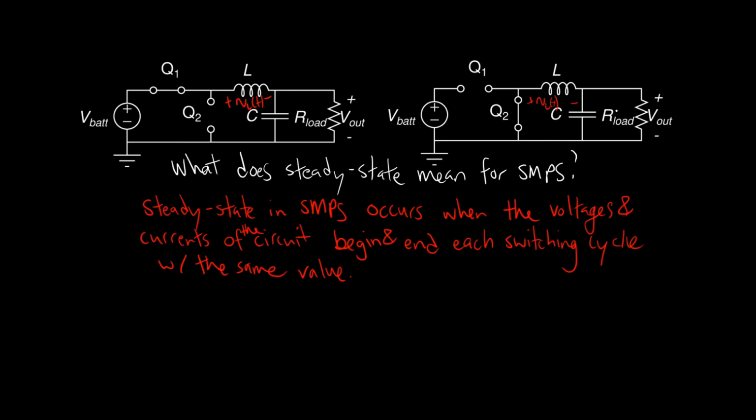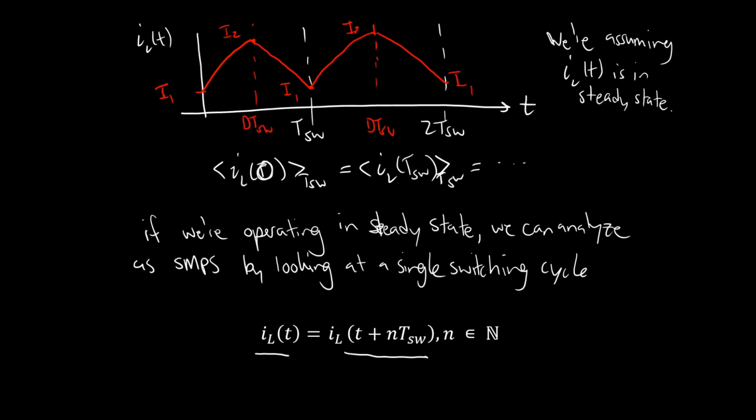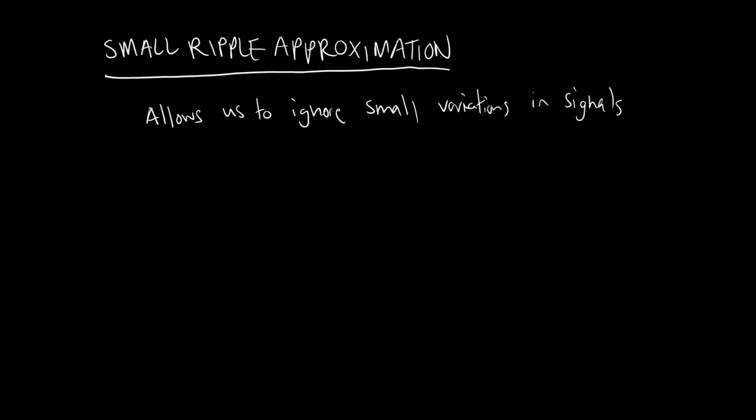Because if we go back to here, if we wanted to analyze everything using differential equations, we would have to take everything into account. Any tiny variation in a signal would have to be reflected in the differential equation. However, if we use small ripple approximation, or if we don't consider small variations in signals, then the analysis of those differential equations, in quotes, is going to be much easier, right?